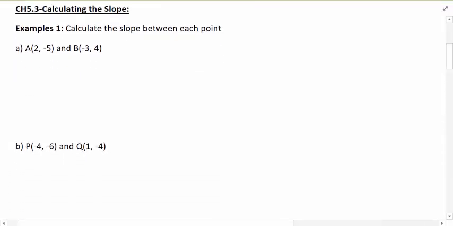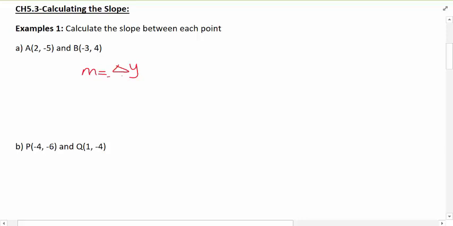So first things first, let's just practice calculating the slope between each point. So let's calculate the slope between A there. Okay. So remember the slope formula is what? M equals what?